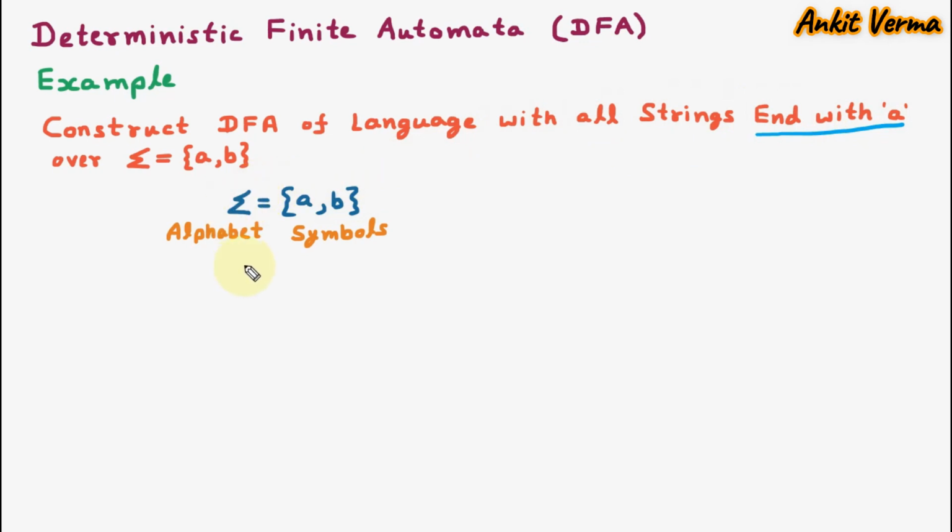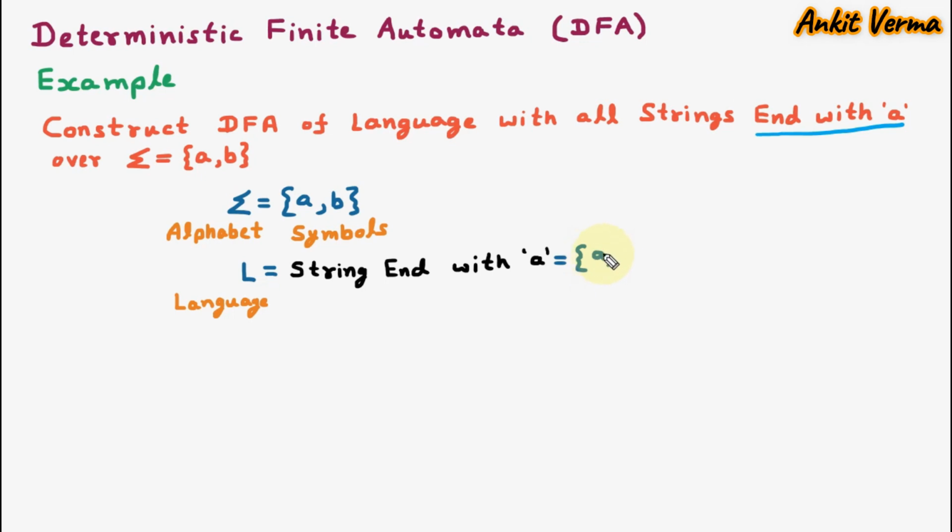Let us assume L signifies the language, which is equal to the set of strings which end with A. In this set we have the strings which end with A, and the minimum one is A itself.